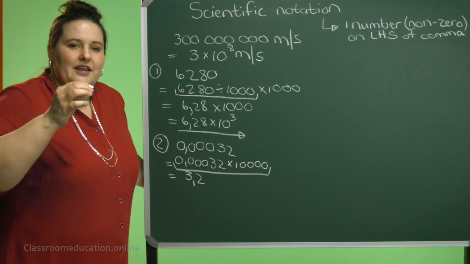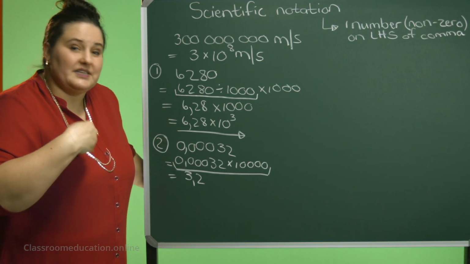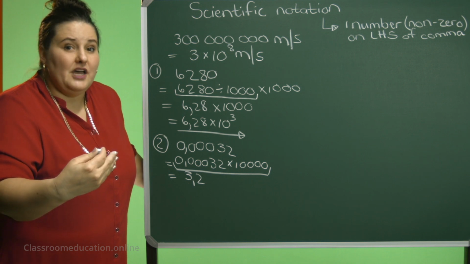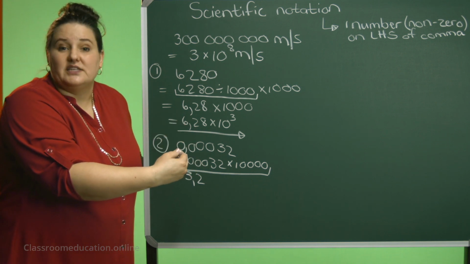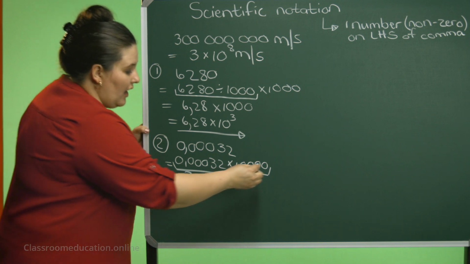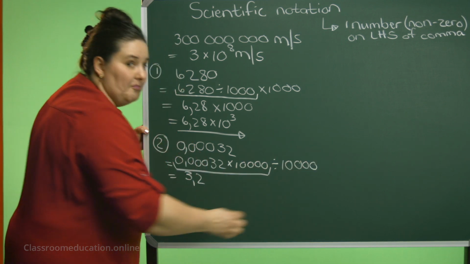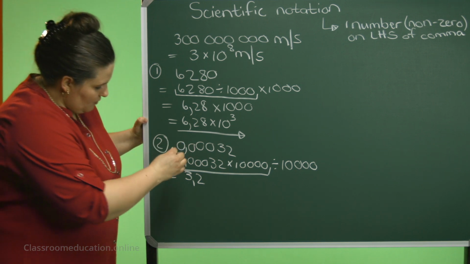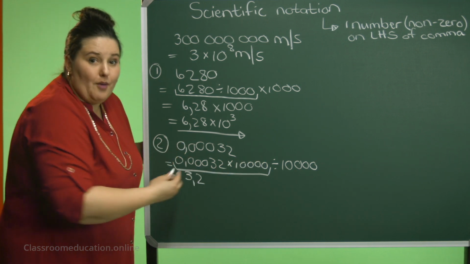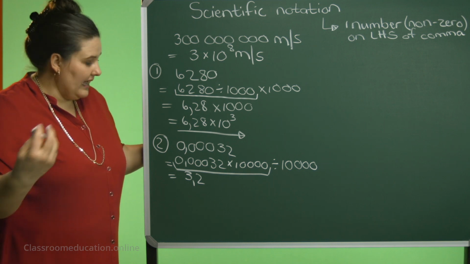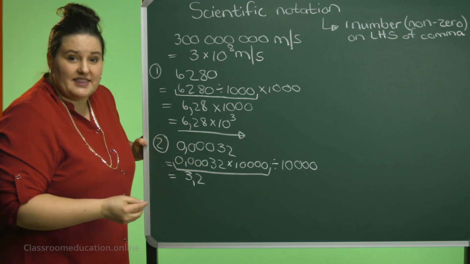Okay, but I cannot just multiply with the 10,000 and not divide with it immediately, otherwise I'm changing the value. So I will immediately divide by 10,000. So this will become 3,2. And now divide by 10,000.